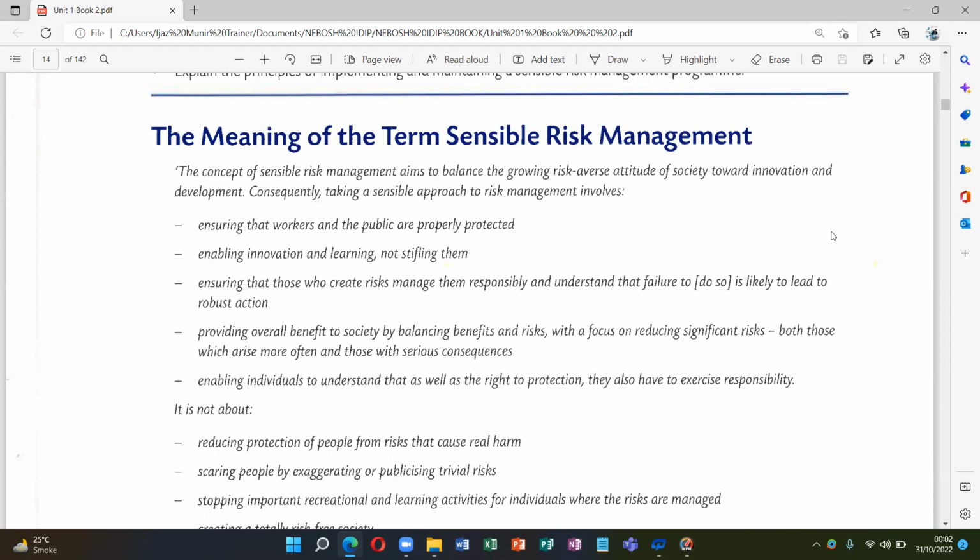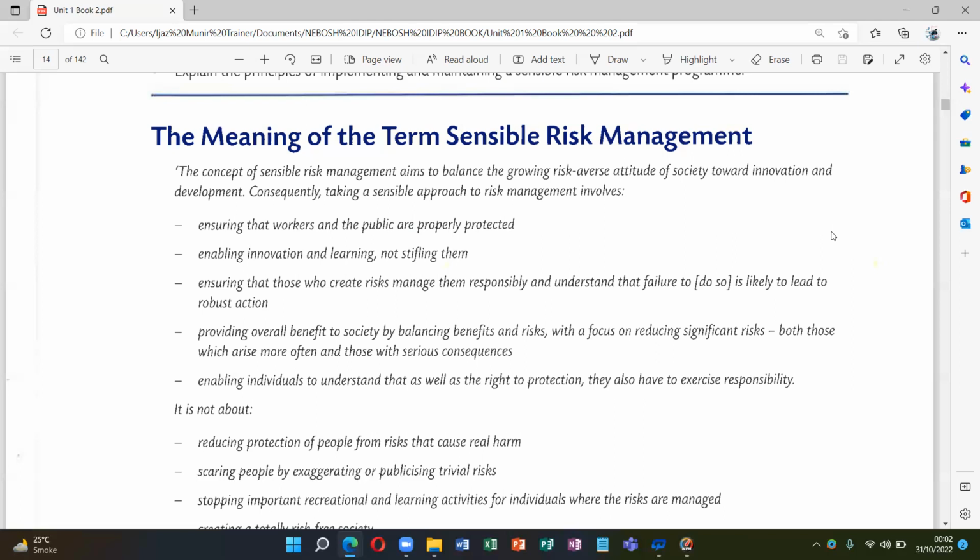Providing overall benefit to society by balancing benefits and risks with a focus on reducing significant risks, both those which arise more often and those with serious consequences.